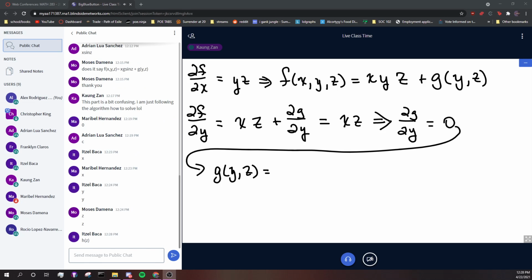Yes, we're going to have it equal to h of z. So now we can define our function f of x, y, z is going to be equal to xyz plus, in place of g of y, z, we're going to put in h of z.